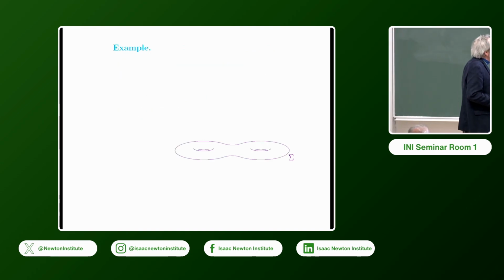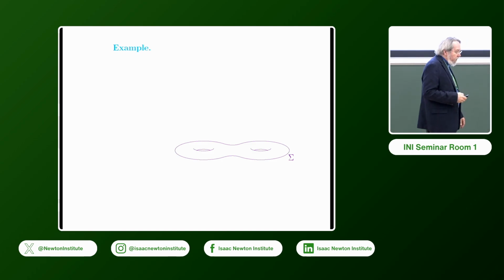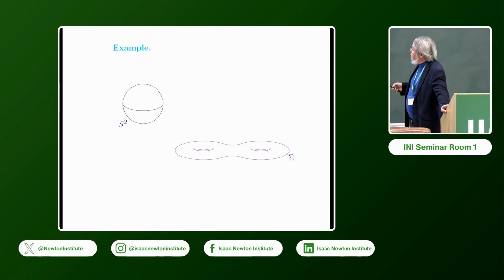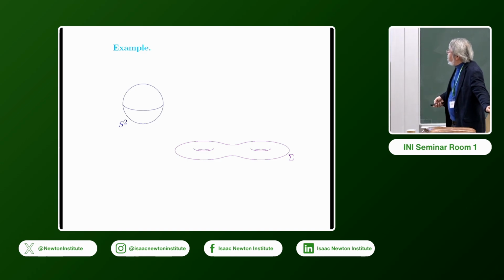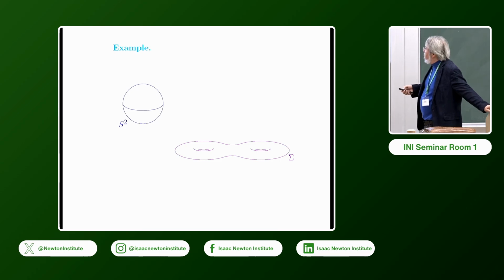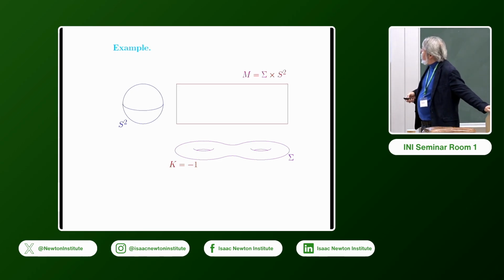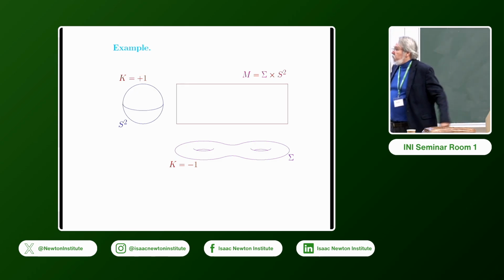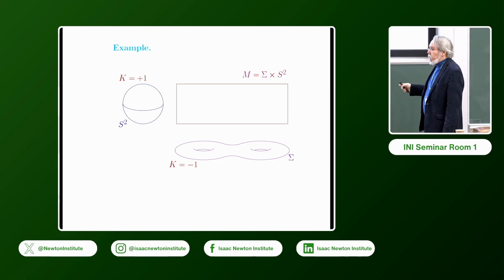So this second possibility definitely was known to exist because you could take the Riemannian product of a Riemann surface of genus 2 or greater and a two-sphere, or CP1, and endow the product with the product metric where you give one factor constant curvature +1 and the other factor constant curvature -1.